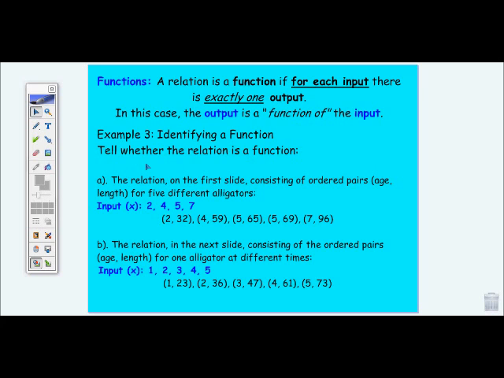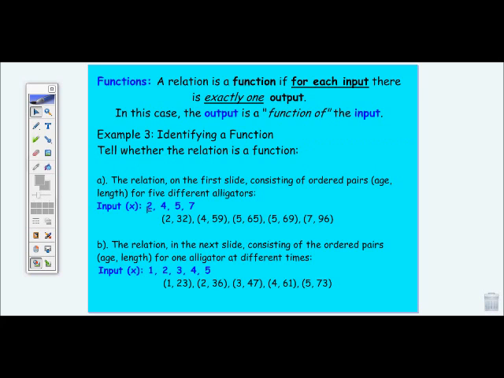So it says, first of all, for example 3, tell whether the relation is a function. So we look at what our inputs are. I'll put those in order: 2, 4, 5, and 7. Okay, I did not repeat the 5s. Now again, to be a function, for each input, there is exactly one output.